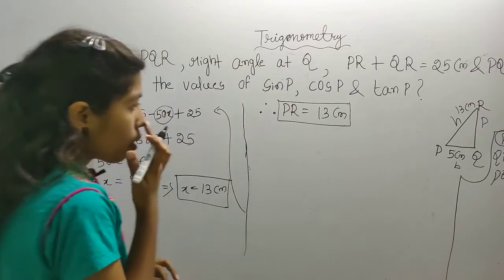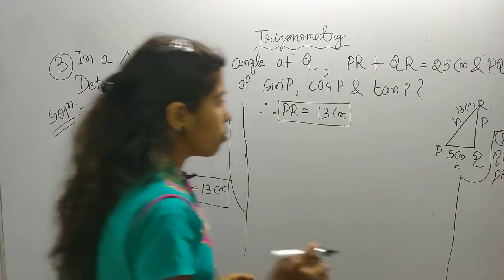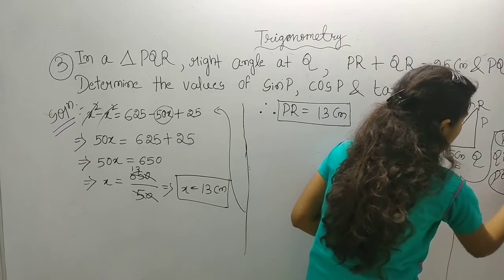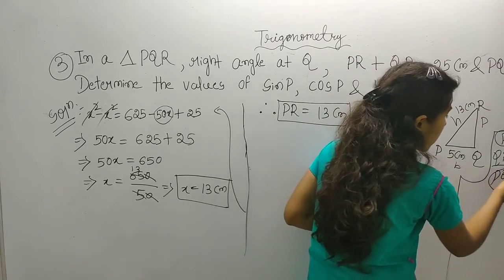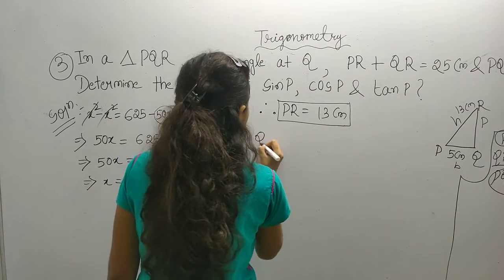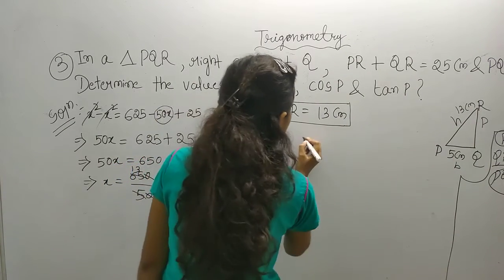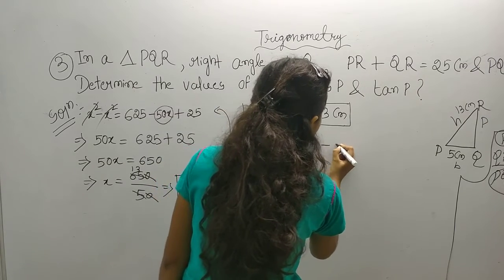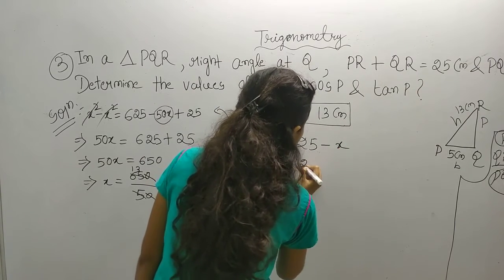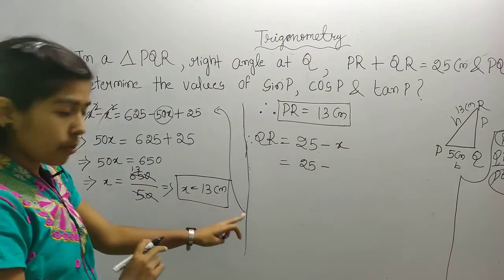Next, PQ is over, PR is also over. Rest is there, QR. What is the formula for QR? Therefore, QR equals to 25 minus x. How much did we get for x? 13.